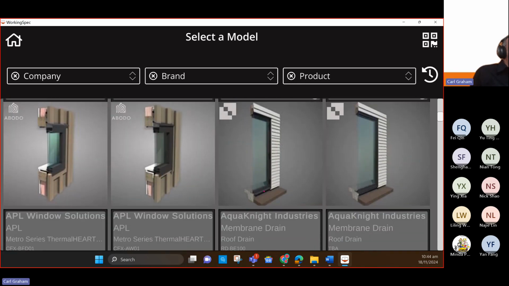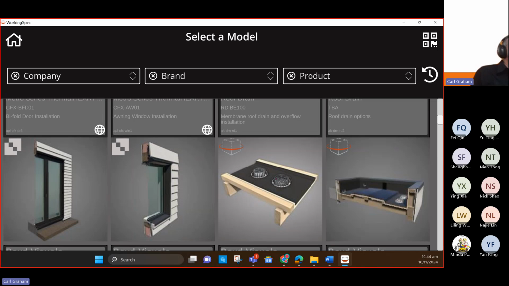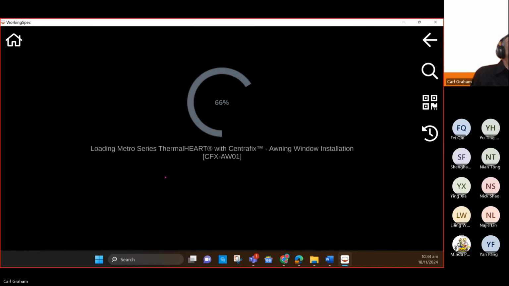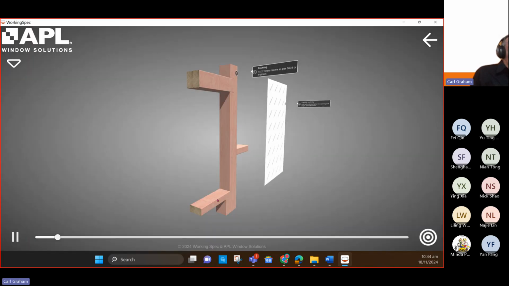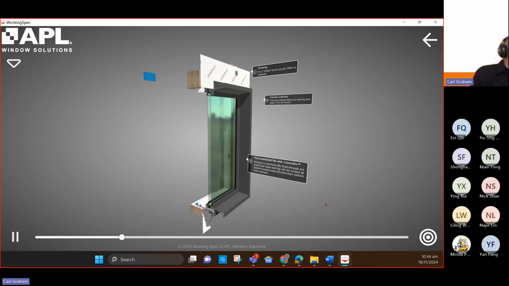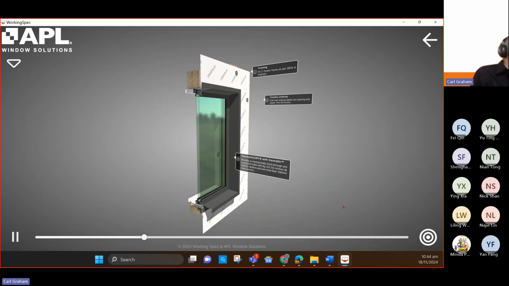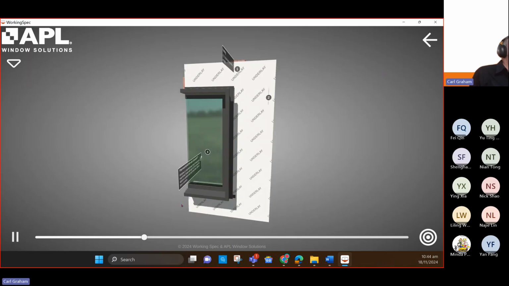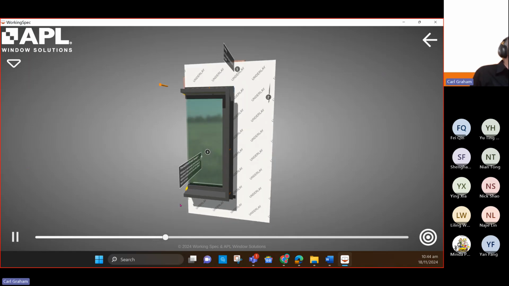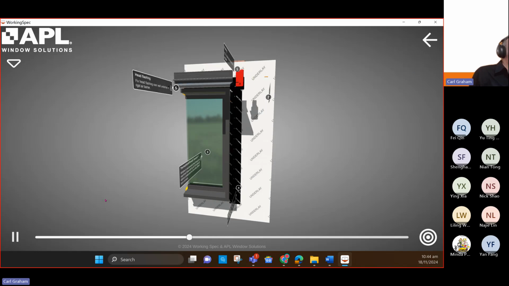But we just talked a second ago about timber battens, right? So let's go to this one and see what happens. All right, so there we are. You can see that's the building wrap. The building wrap's being cut, and in this situation the window goes in. Then if you leave it another second, there's some tape.